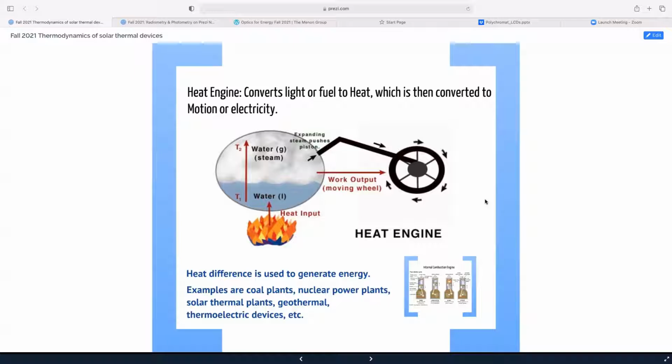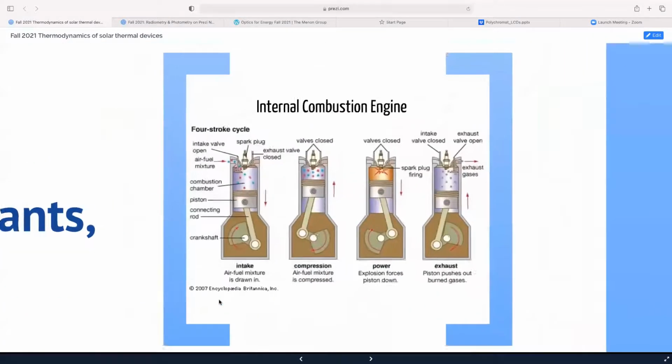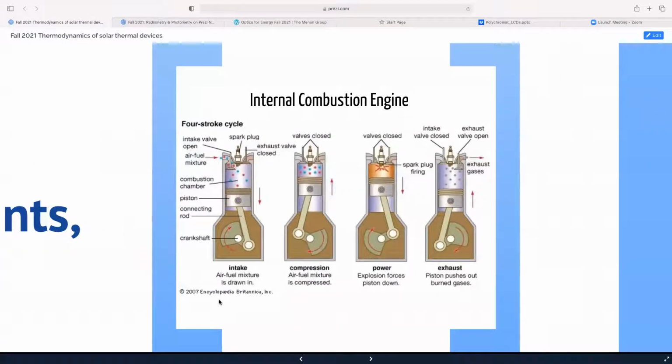Now, the most common heat engine that you are all very familiar with, but let's review in the interest of completeness, is the internal combustion engine. So let's just see very, very briefly how this works. It's a heat engine. Essentially, there's a chamber that you can see.